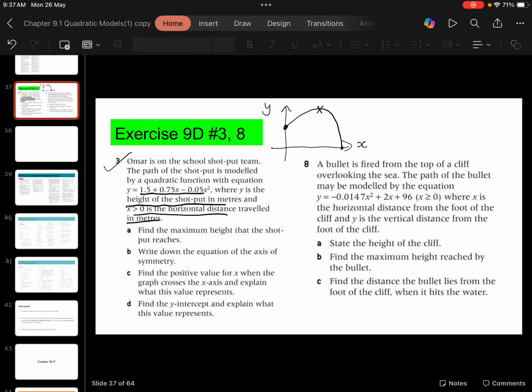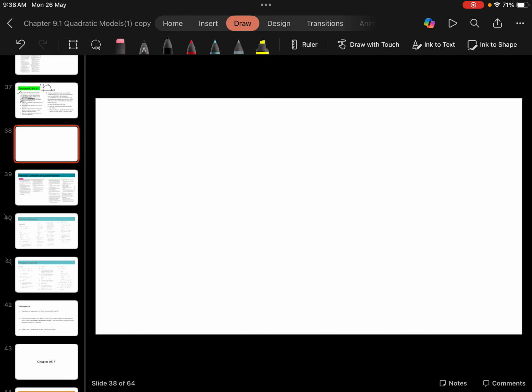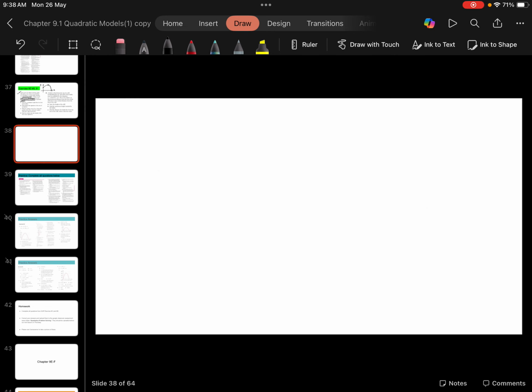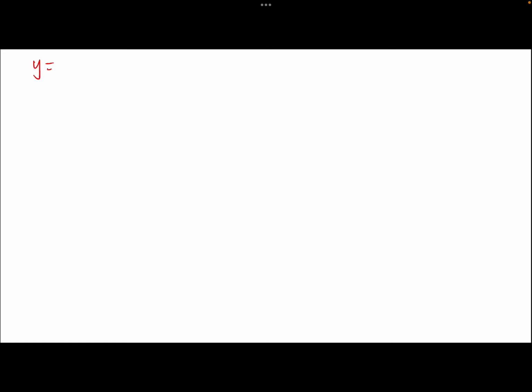So I'm going to put this equation here. We're going to have y equal to 1.5 plus 0.75x minus 0.05x squared.